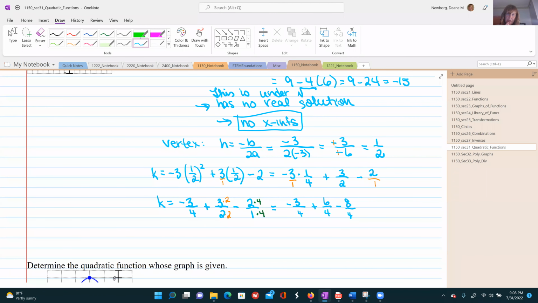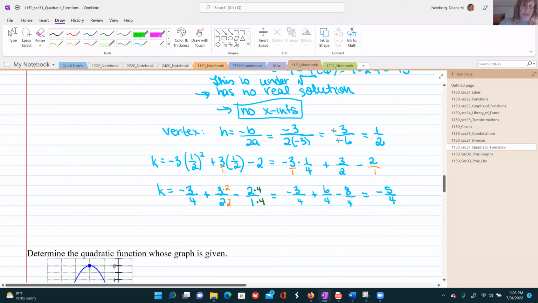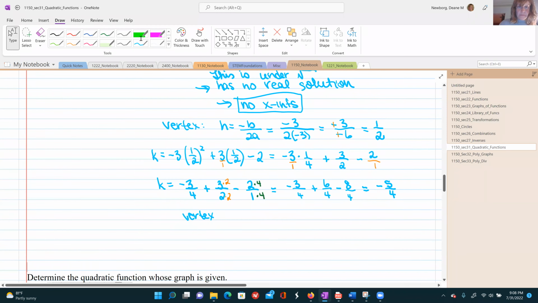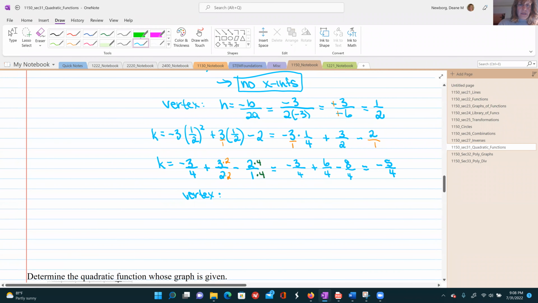So -3 plus 6, that's +3 minus 8. So that would be -5/4. Okay, so now we can say what the vertex is. Vertex is the x coordinate was 1/2 and the y was -5/4.